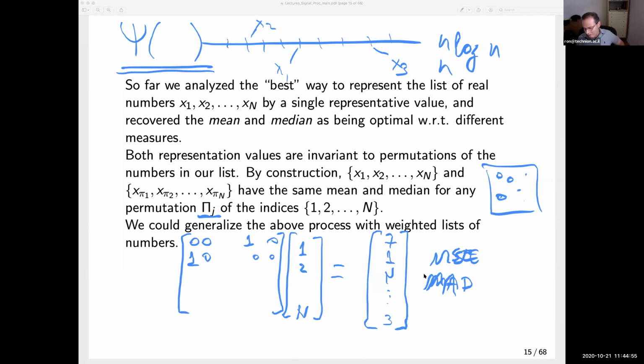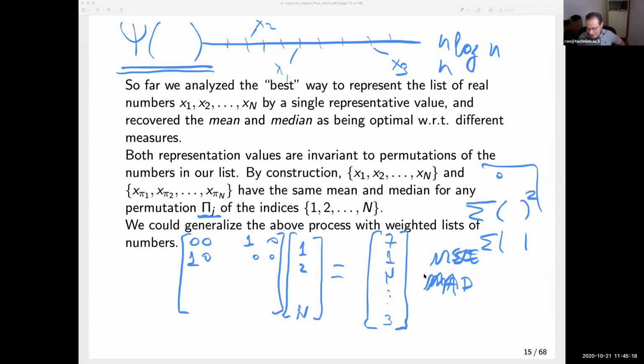When you sum over some numbers, square, or you sum over the absolute value, it doesn't matter which one you fit first into your summation, the order does not matter.